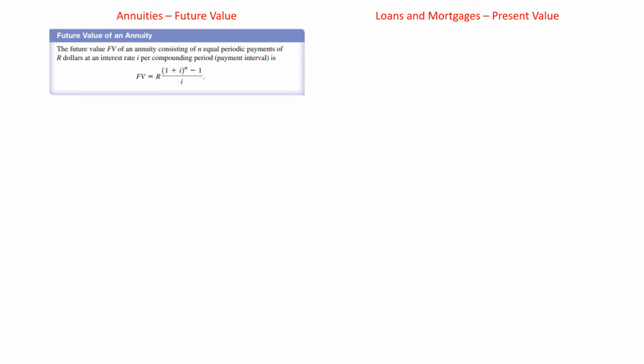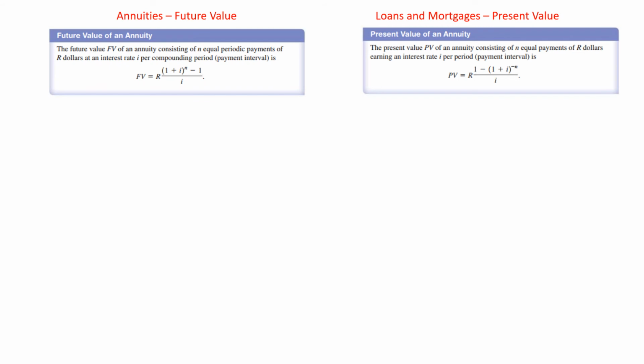Times 1 plus i, the interest rate is now i instead of r for rate, it's i for interest, to the n, minus 1, then divide by i. If you look in the book, it'll show you where that calculation comes from if you're interested in that. And then the mortgage and loan, the present value of an annuity, because it is an annuity, it's the same thing. We're consistently paying on it. It's R times 1 minus 1 plus i to the negative n, over i.